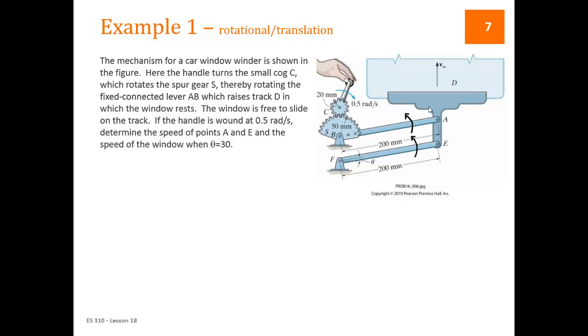This just keeps it aligned, right? If this weren't there, this whole thing would rotate, right? So then A and E are going to move up, and that's going to cause the window to move up.